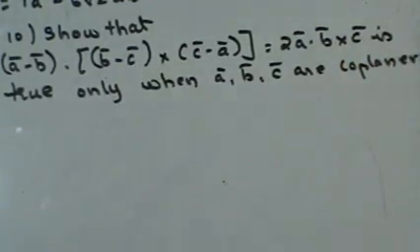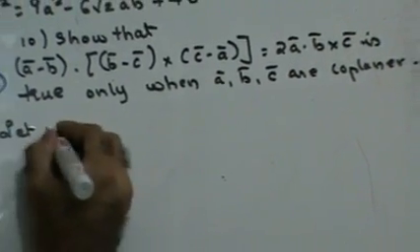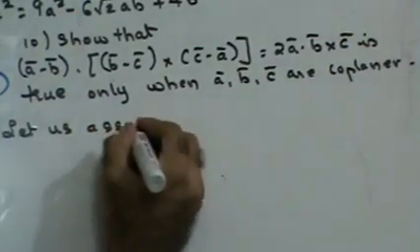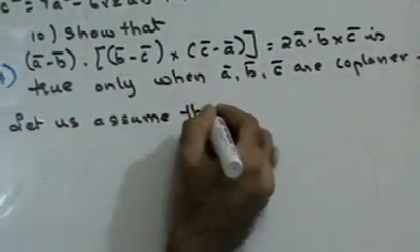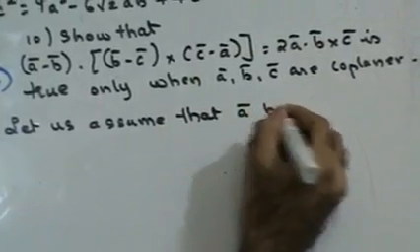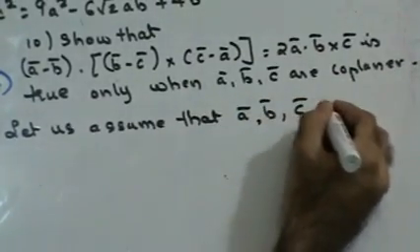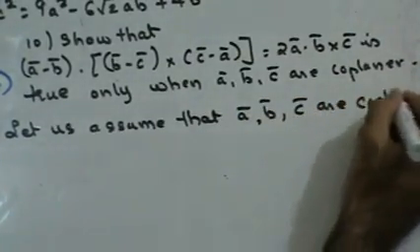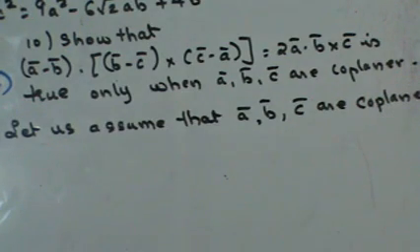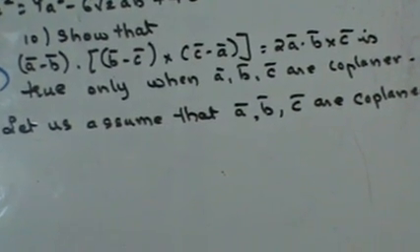You have to prove this. Let us assume that a vector, b vector and c vector are coplanar. If they are coplanar, that means the scalar triple product of these three vectors should be 0.